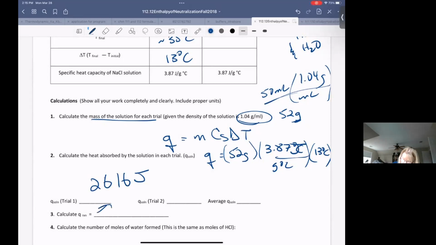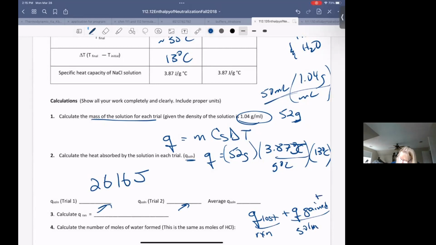We're going to do it for 2 of these and realize that that is the heat that was gained by the solution. We know that the first law tells us that heat that is lost here by our reaction, and it's going to be lost because our reaction is exothermic, plus heat that is gained, that is going to be by our solution.